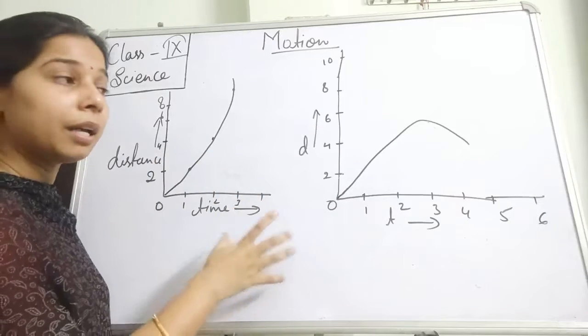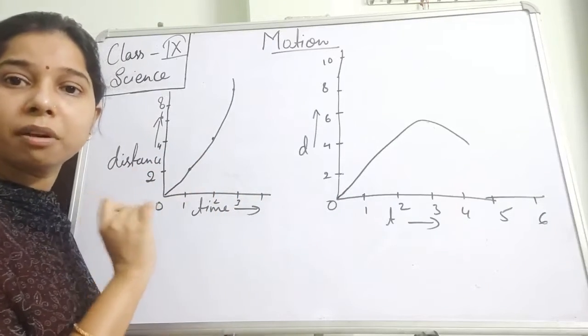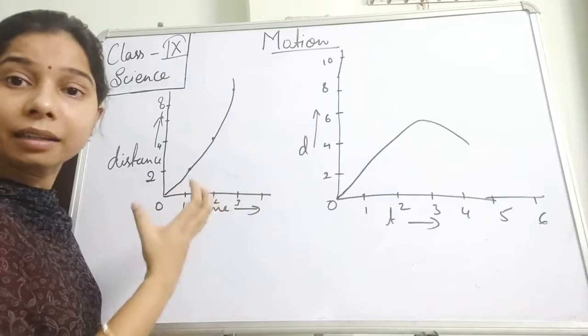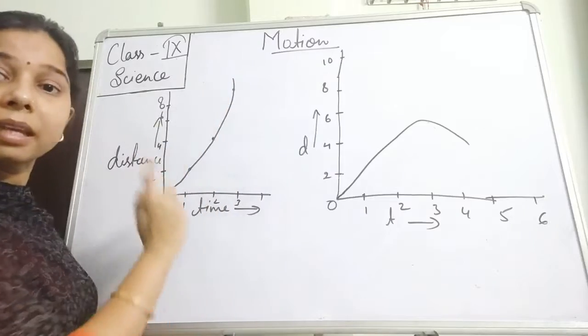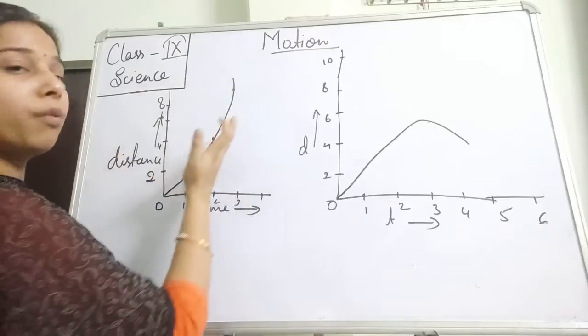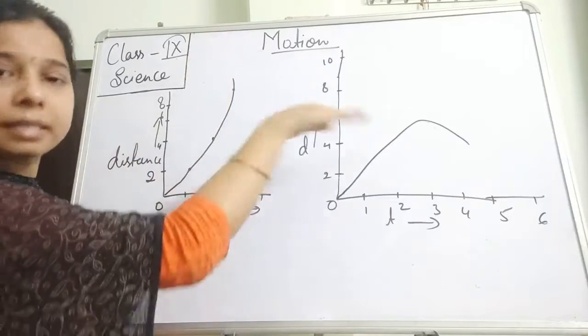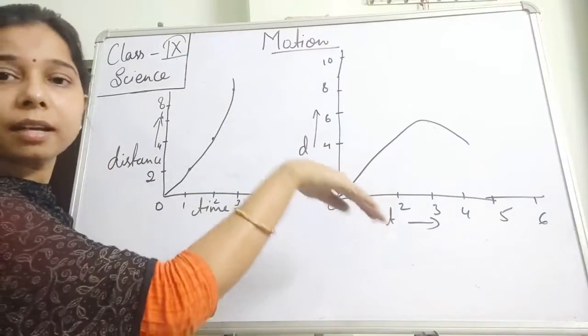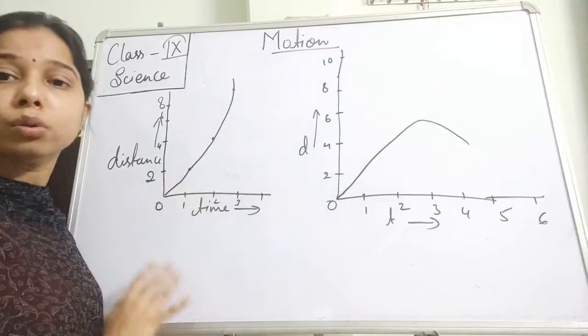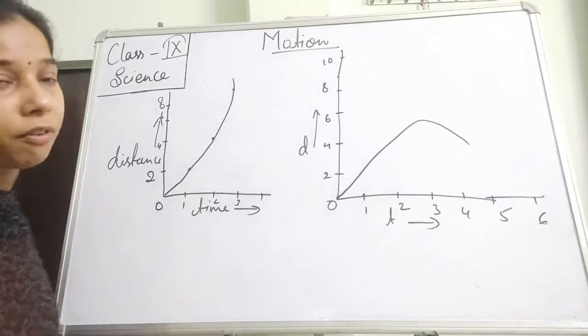Now here, if we are talking about distance, students, remember that distance can increase or decrease with respect to time. If it is increasing, then we get the curve moving in the upward direction. If it is decreasing, then we get the curve pointing in the downward direction. Both of them represent non-uniform motion.